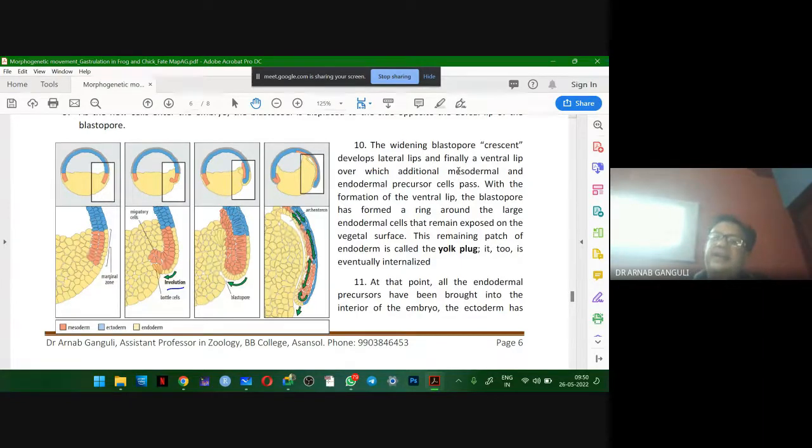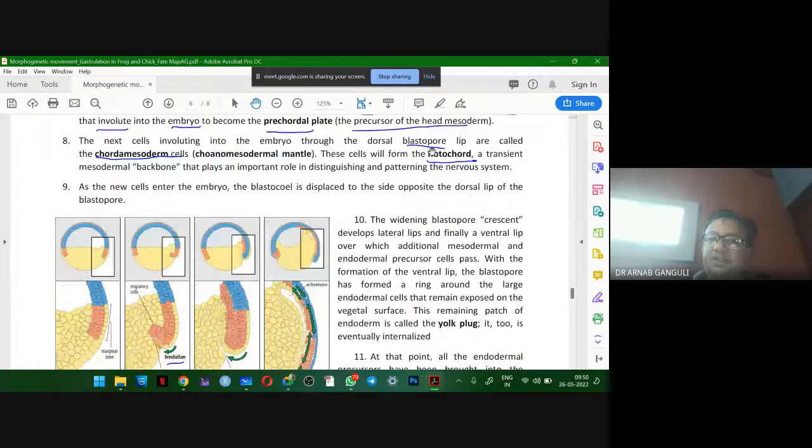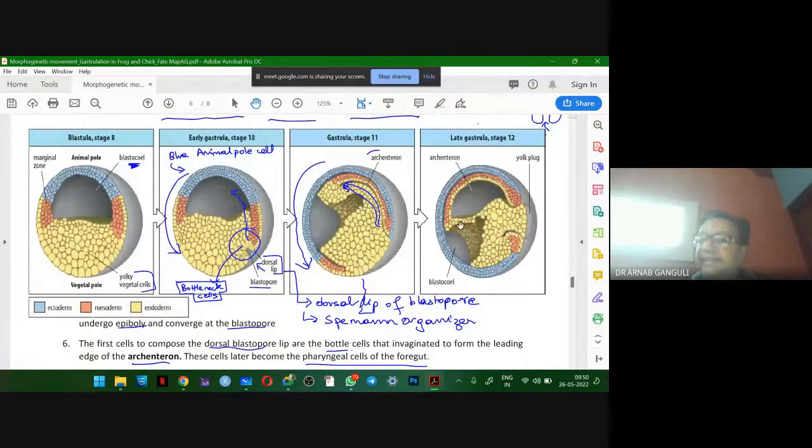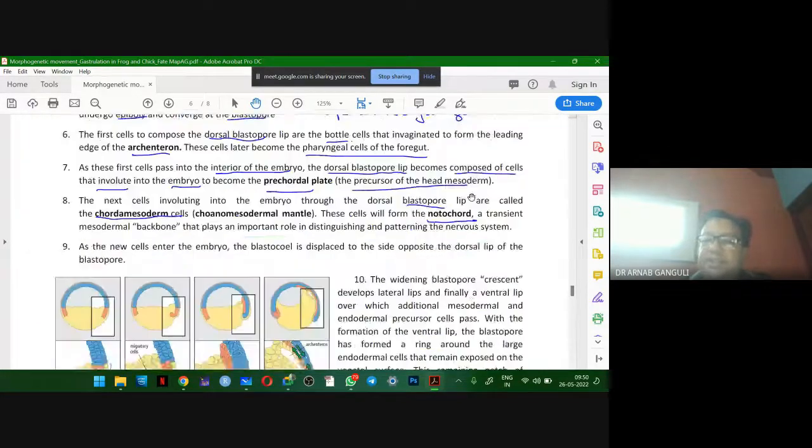And finally a ventral lip, on the opposite side, starting from dorsal and going opposite to ventral. So it goes to this side. A ventral lip is formed. This is not given in the picture.